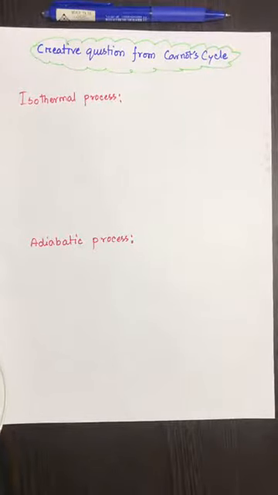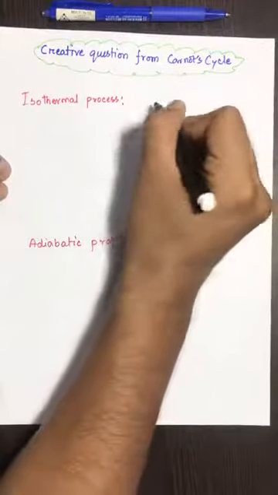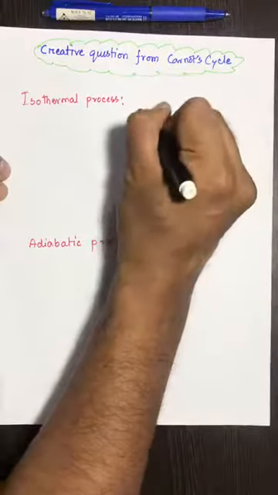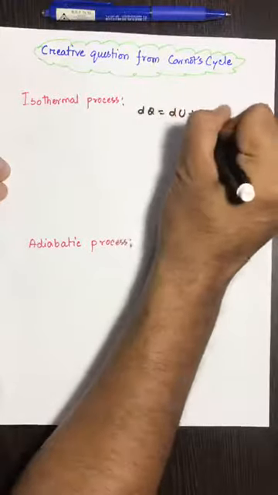In the isothermal process, what we have learned is that the temperature needs to be constant. If you provide heat from the outside, the temperature needs to stay constant all the time. From the first law of thermodynamics, dQ equals dU plus dW.